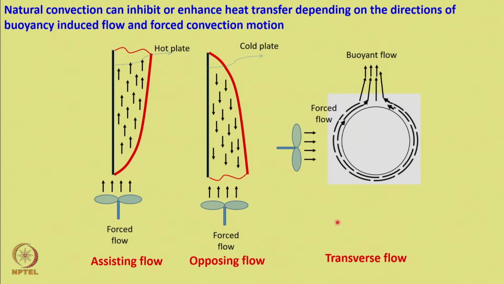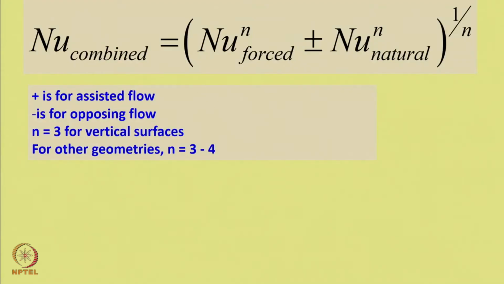When combined, you generally take Nusselt number combined as Nusselt number forced to the power n plus or minus Nusselt number natural to the power n, plus for assisted flow, minus for opposing flow, and this n depends on the geometry. For vertical surfaces, n happens to be 3. This I have not derived, I have just stated it without derivation.